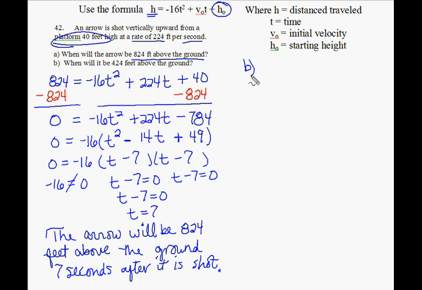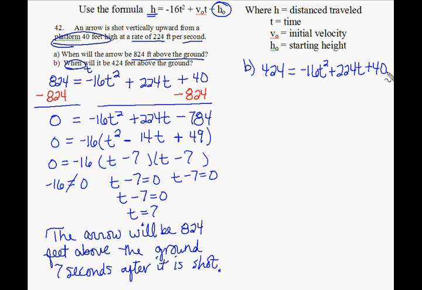Let's look at the second part of the problem, part B. When will it be 424 feet above the ground? So that's just going to change our h value to 424. And again, it's still saying when, so it's still looking for a time. So we have a negative 16t squared plus the initial velocity 224t plus the initial height 400.